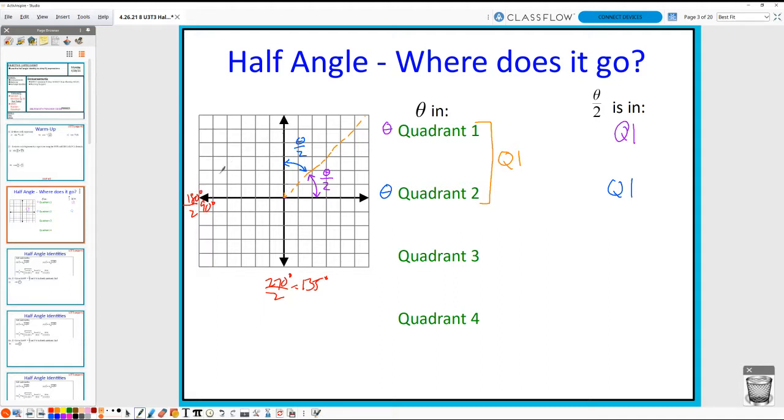But I'm usually not going to look at my quadrantals. While my other bound, my upper bound at 270, when I divide that value by 2, that ends up 135, which is this guy here. So that shows me, actually, you know what, I'm going to draw that in orange.